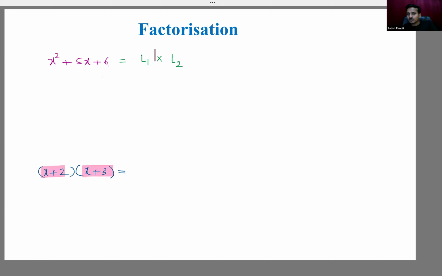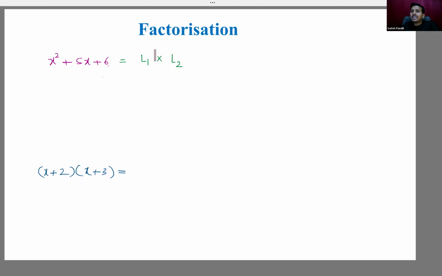It is a linear polynomial because the highest power is 1, that is, the degree is 1. Also, it is a binomial because there are two terms, x and 2. This is also a binomial of degree 1. That is why it is a linear polynomial.